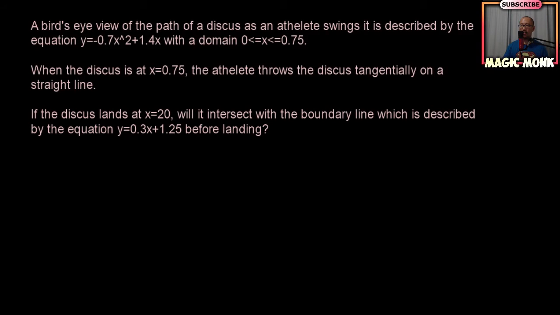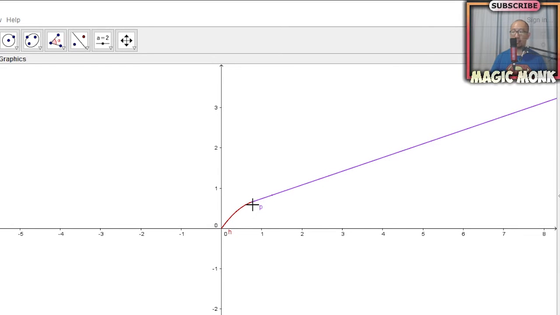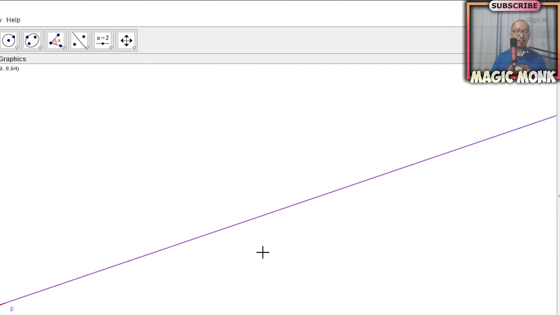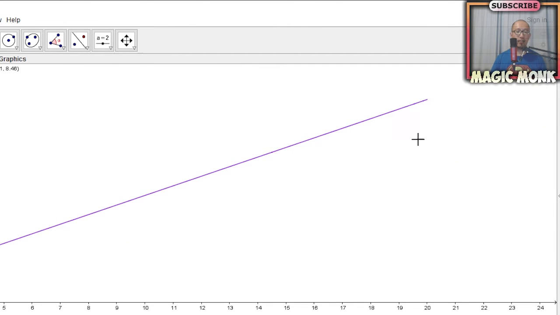If the discus lands at x equals 20, will it intersect with the boundary line, which is described by the equation y equals 0.3x plus 1.25, before landing? So when the discus is moving along the purple line, it's going to keep going until x is equal to 20. So this point here, when x is equal to 20, is where the discus is going to land.